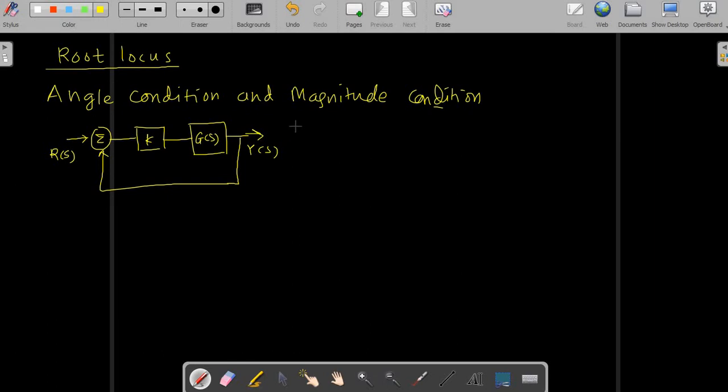The dynamic performance of this closed loop system is described by the closed loop transfer function.